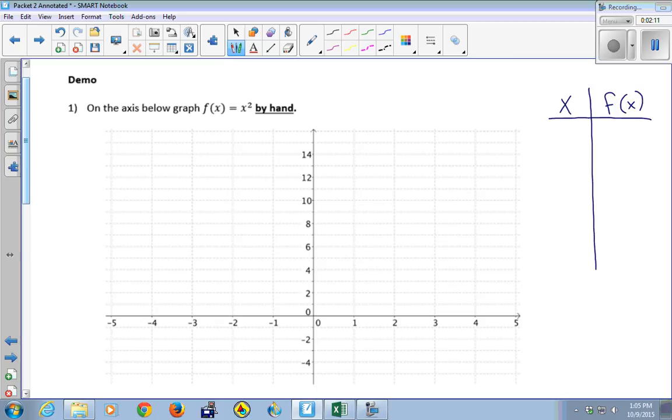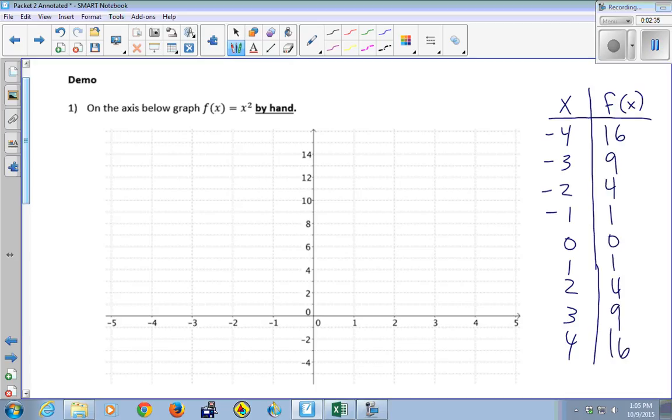So let's do -4, -3, -2, -1, 0, 1, 2, 3, 4. I'm just going to plug each of those x values into x squared to get my f of x value, or my y value. So I get 16, 9, 4, 1, 0, 1, 4, 9, 16.